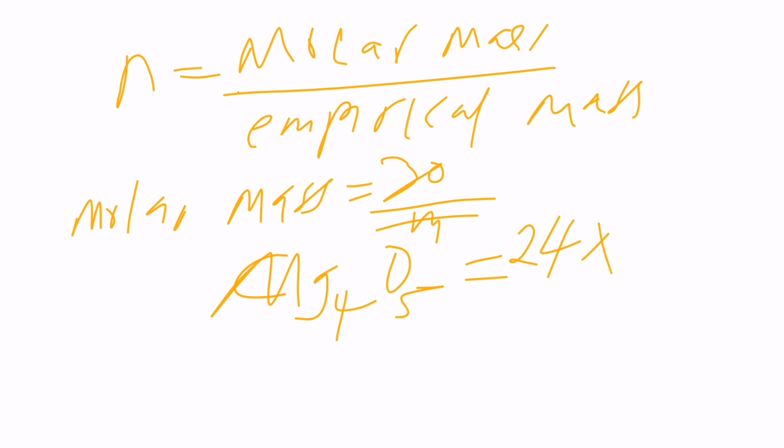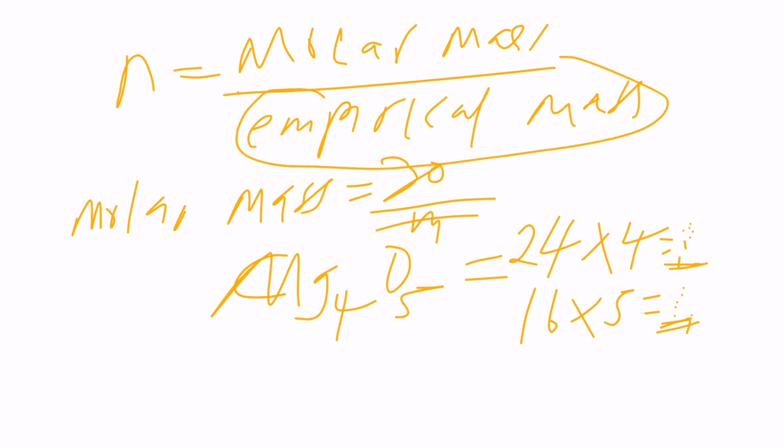So 24 times 4, and oxygen is 16 times 5. When you add these, it gives you the empirical mass.